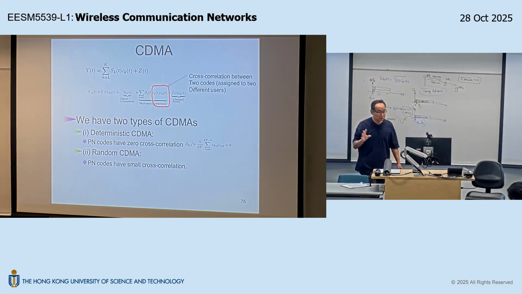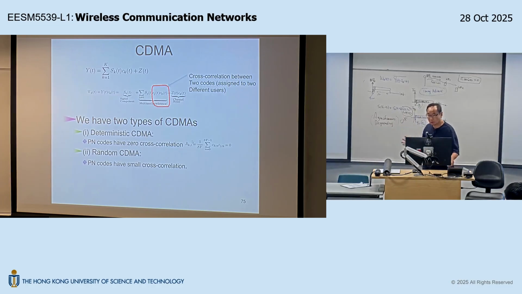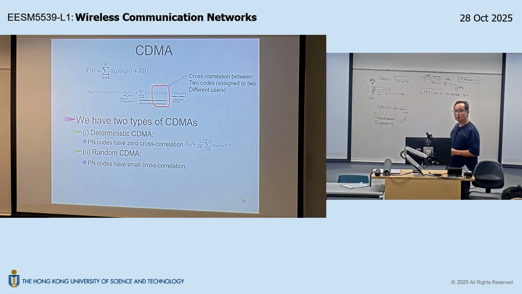Now it turns out that if we require these to be small, there are plenty of codes that can satisfy this small cross-correlation. And the cross-correlation can be small for all offsets as well.